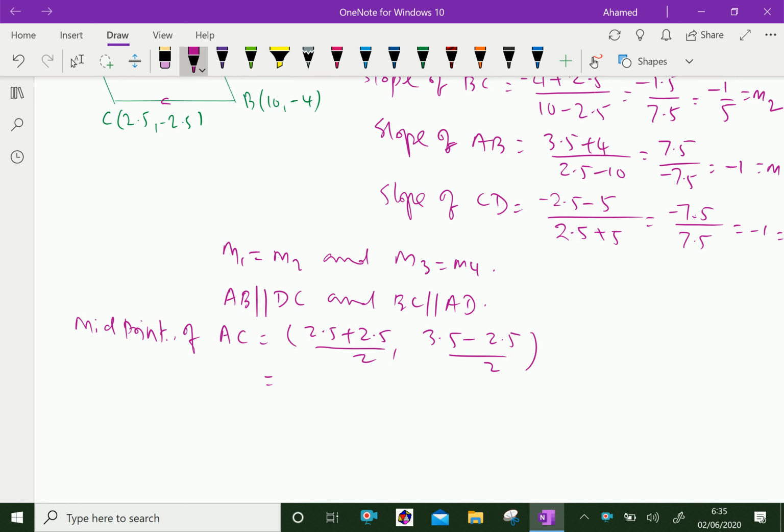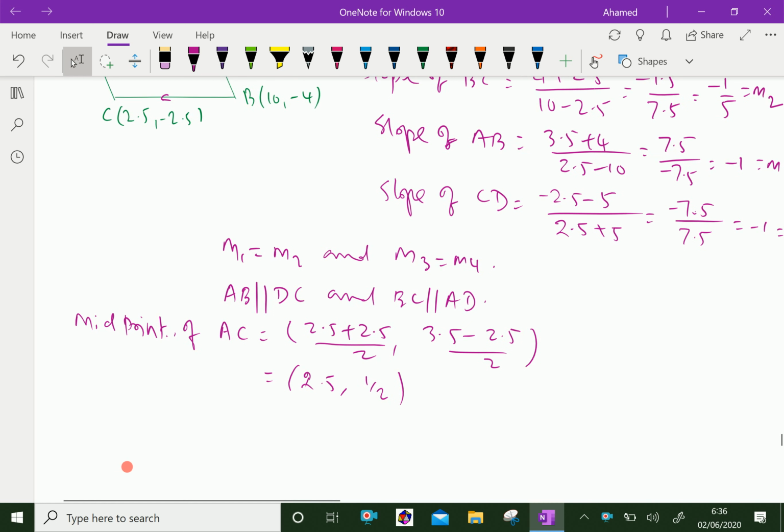So 2.5 plus 2.5 is 5, 5 by 2 is 2.5, comma, 3.5 minus 2.5 is 1, 1 by 2, that is half. Instead of 1 by 2 you can write 0.5.